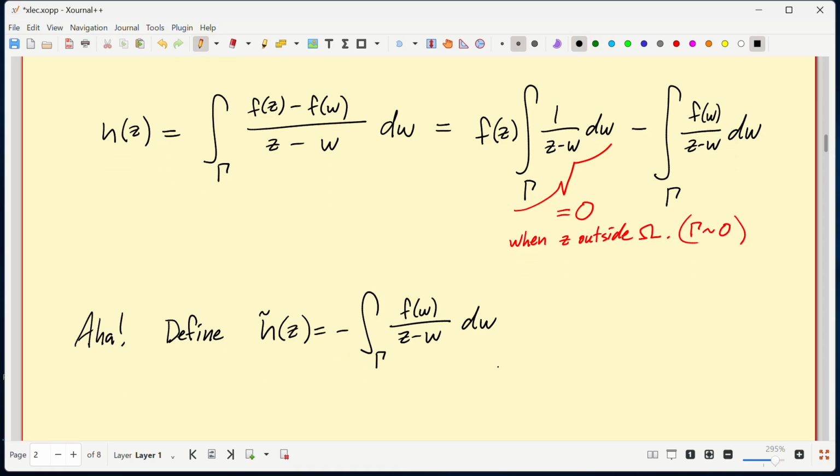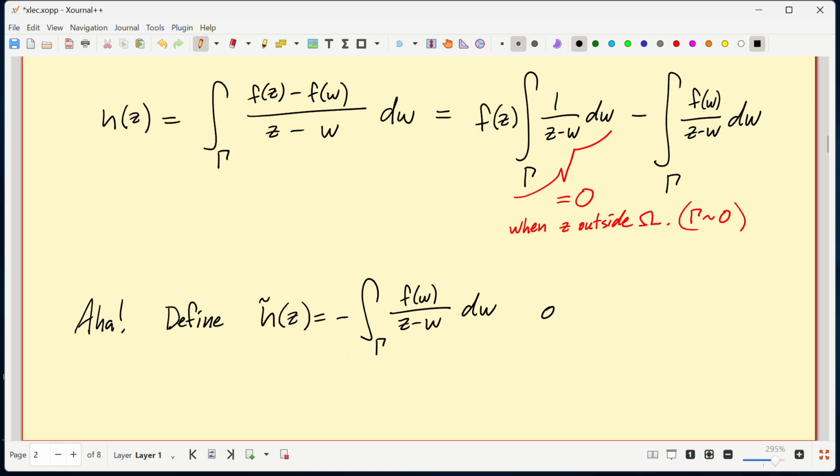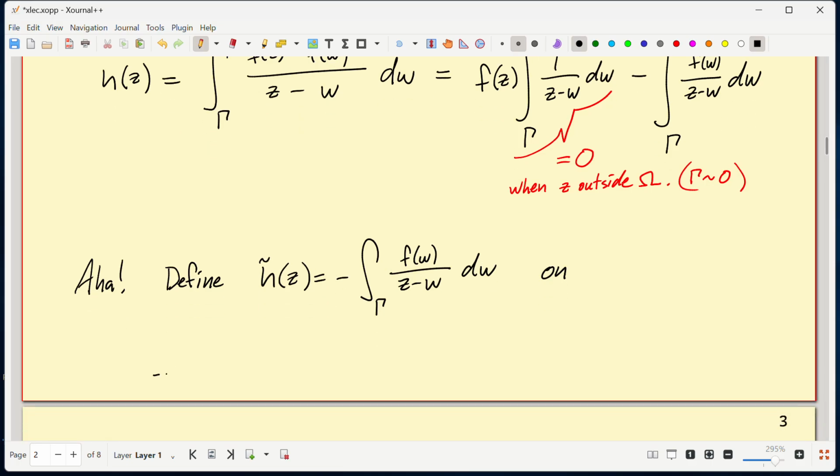And it turns out you can define that on omega twiddle, which is equal to the z in the complex plane minus the trace of gamma, where the index is 0.